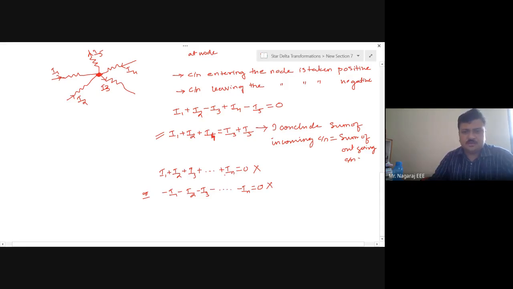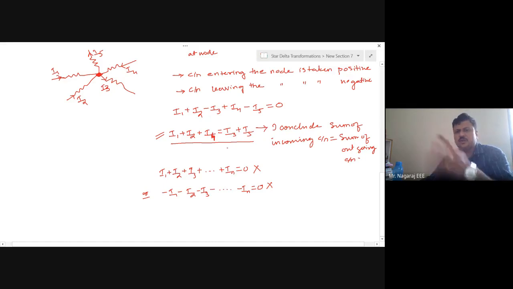Even with 100 branches, there can be 99 entering and only one leaving, or 99 leaving and only one entering. That is the understanding of KCL.